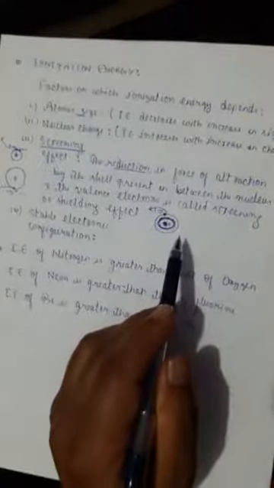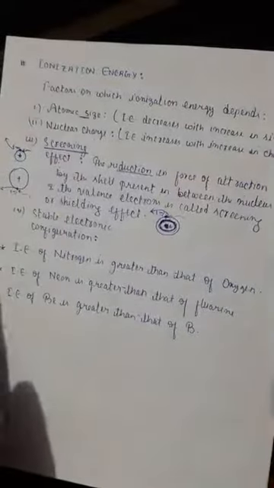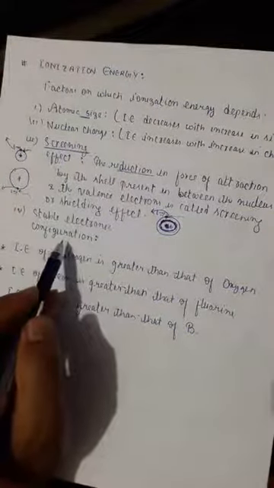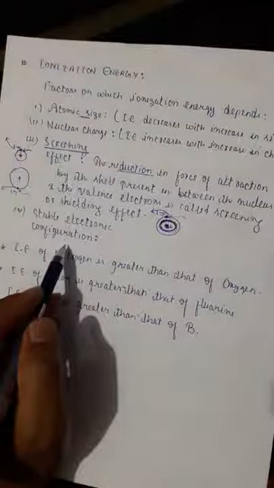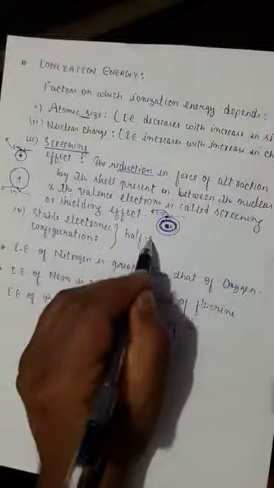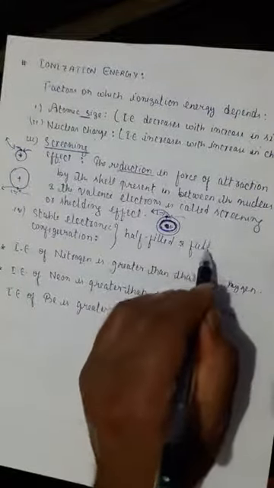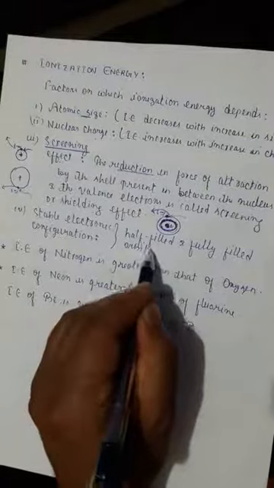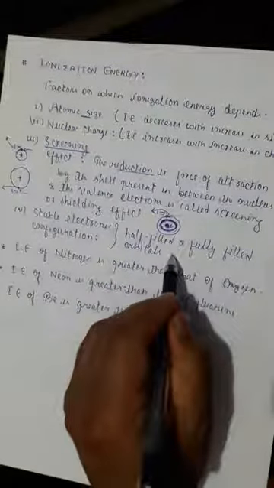And why will the ionization energy be lower? Because it is the amount of energy required to remove the electron. Okay, and the last point that we have is stable electronic configuration. Now I have already taught you what is stable electronic configuration. Here, half-filled and fully filled orbitals or subshells are stable.